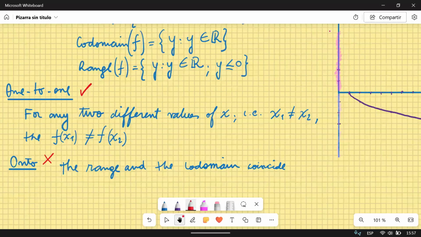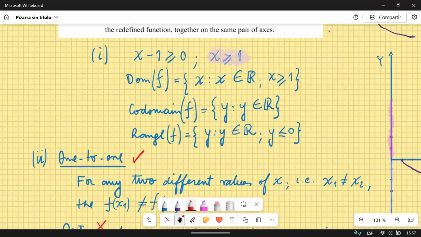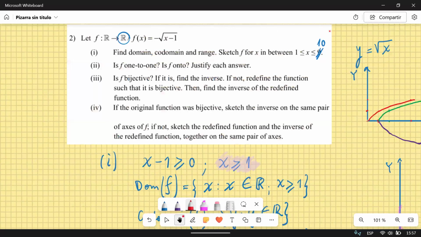And well, we have to, in 3, answer if it is bijective. It is not bijective because to be bijective, we need that it is one-to-one and onto. If it is, find the inverse, it says.